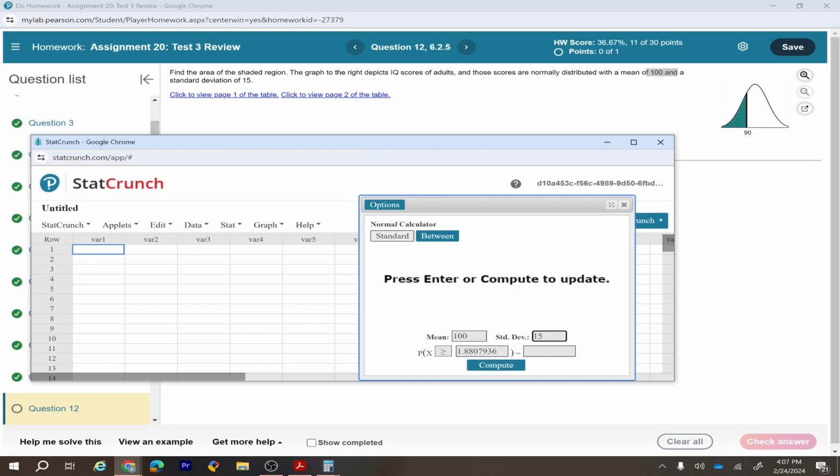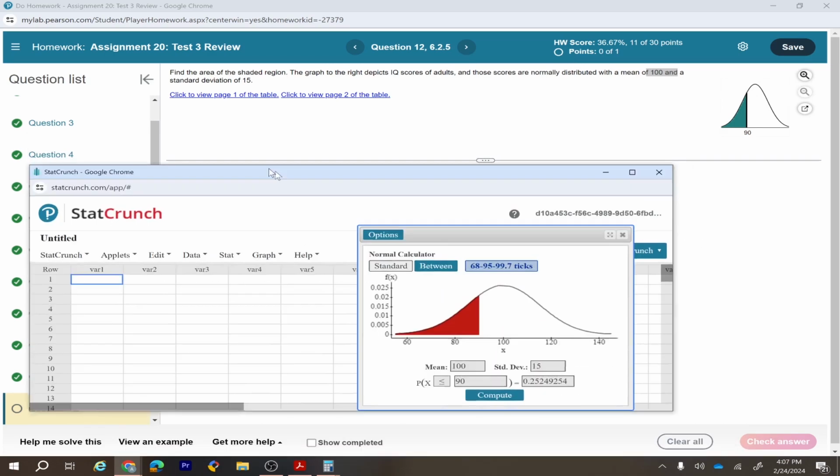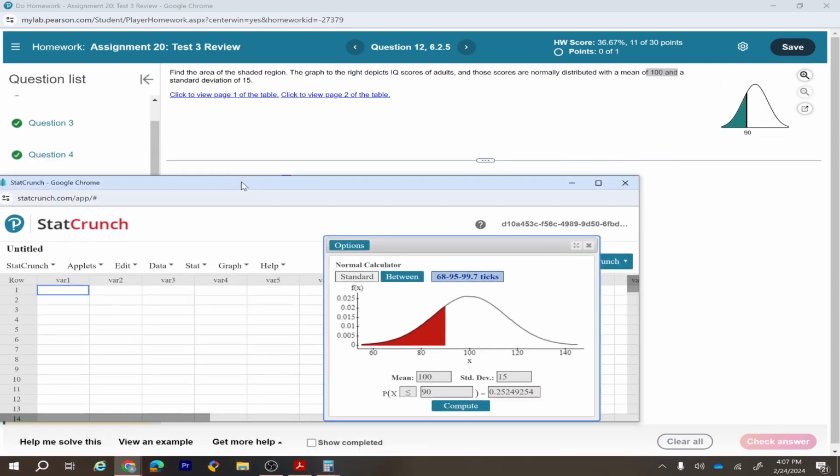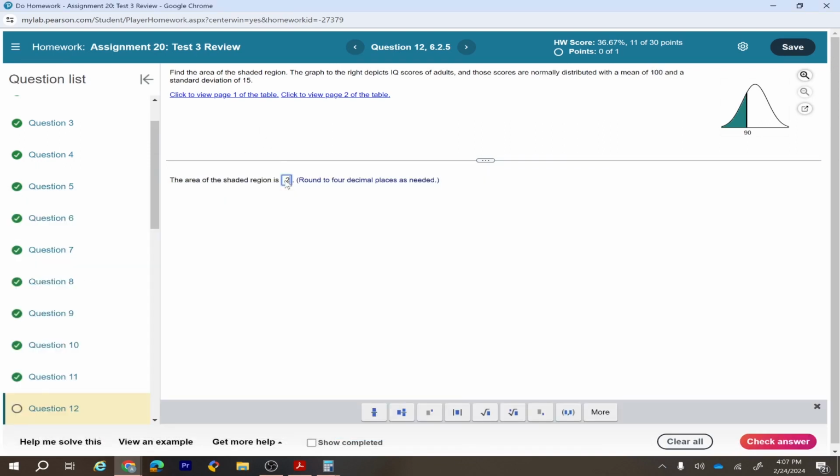We would like to find the area under the curve for less than 90. If you hit compute, that will give you the area or probability, which is 0.2525 if you round it to four decimal places.